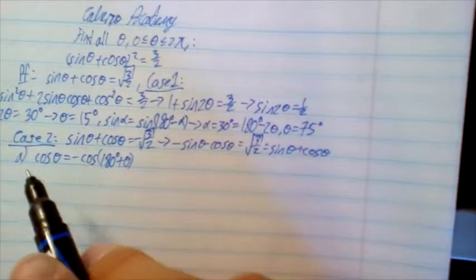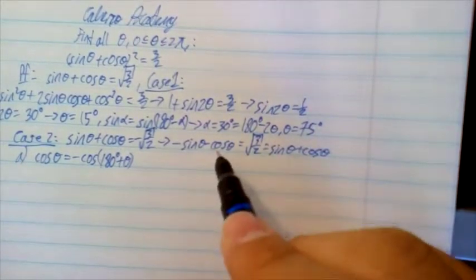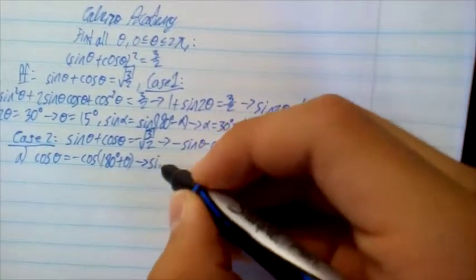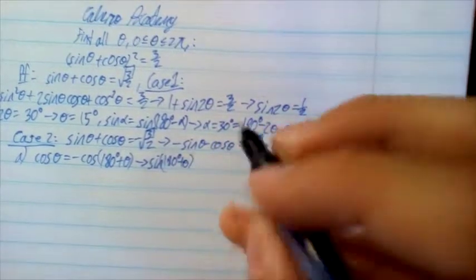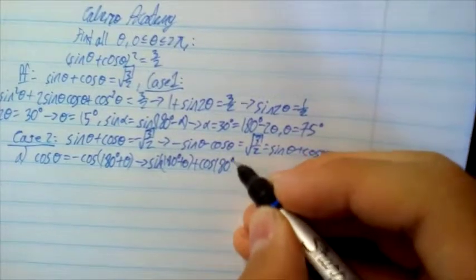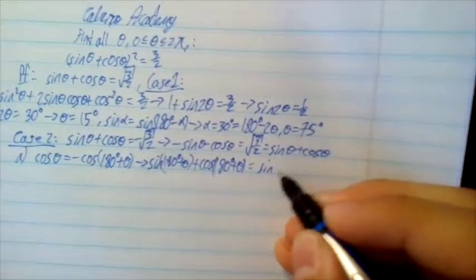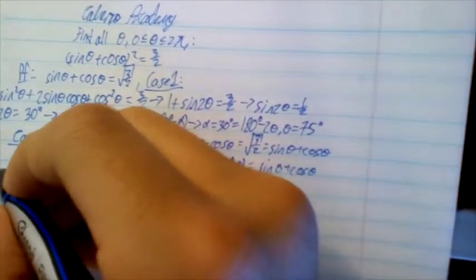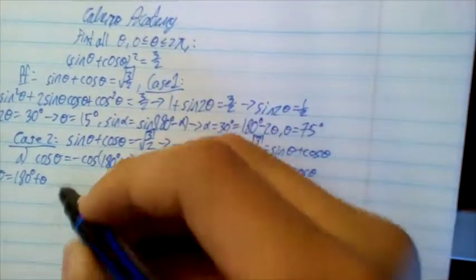If we substitute this in, we get that sine of 180 degrees plus theta plus cos of 180 degrees plus theta is equal to sine theta plus cos theta, or simply that theta is equal to 180 degrees plus theta.